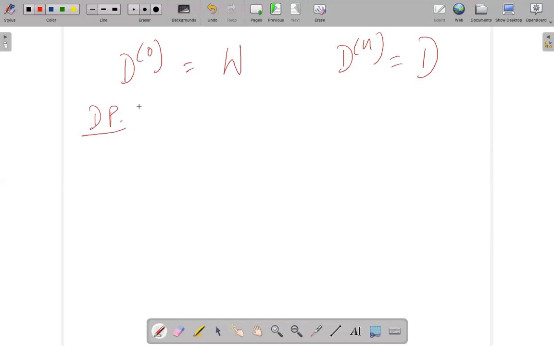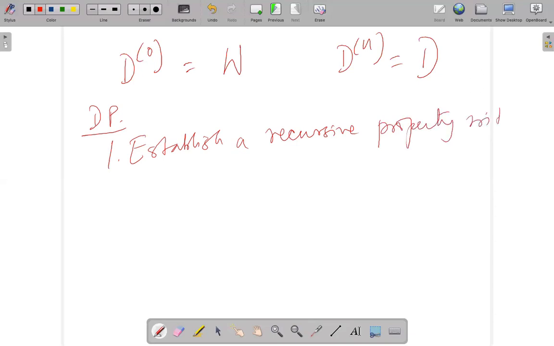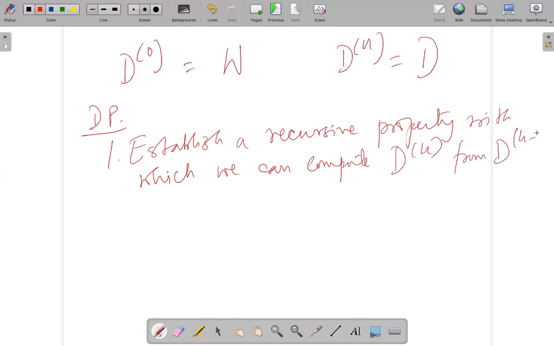Okay. First, you have to establish a recursive property with which we can compute dk from dk minus 1. Okay.